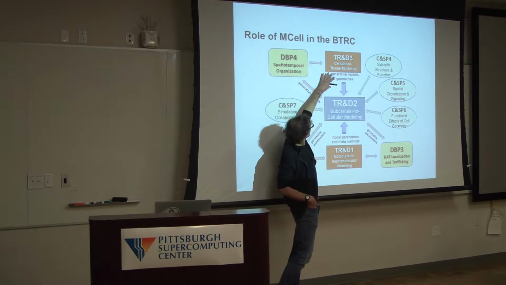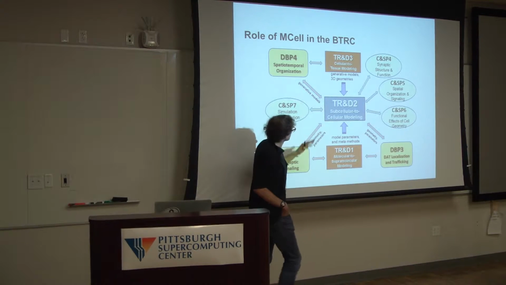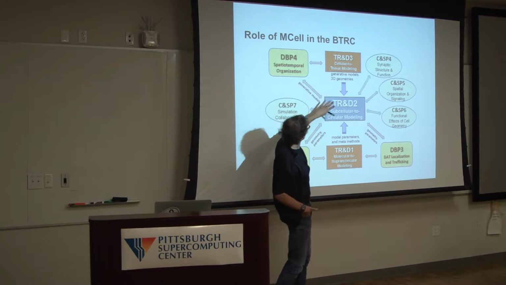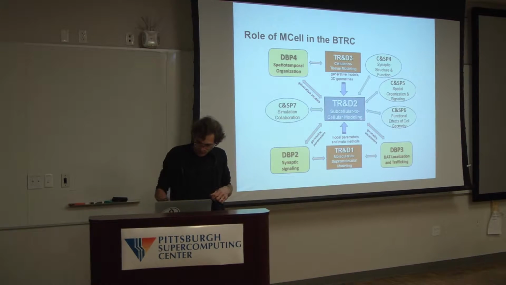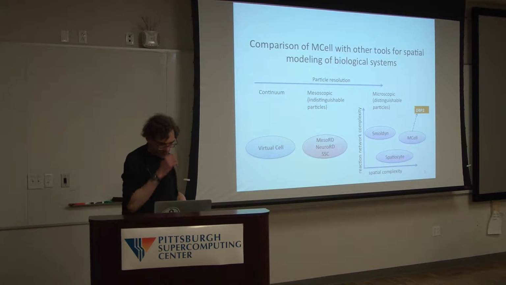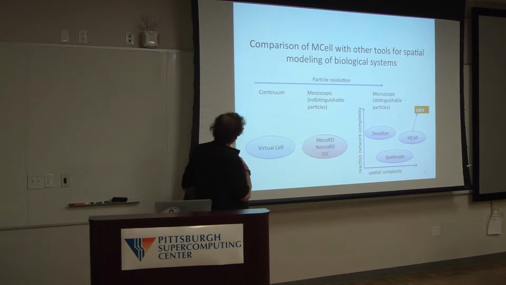At this higher level of considering whole cell and beyond is TR&D3, and the Cell Organizer part is actually Bob Murphy's, part of the TR&D3 component. And we have a lot of different kinds of biological projects that are motivating the development of our tools.